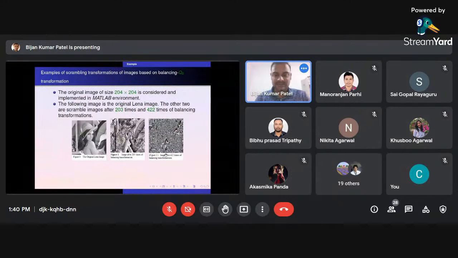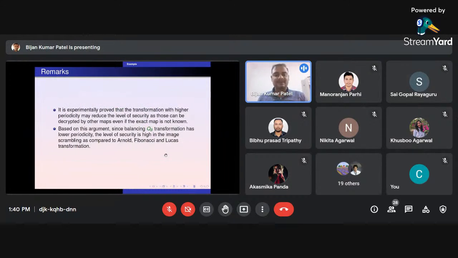If you apply the balancing transformation 422 times on the original image, we get figure 2. So one can take any one and send it to the other side. This is the example that we did.